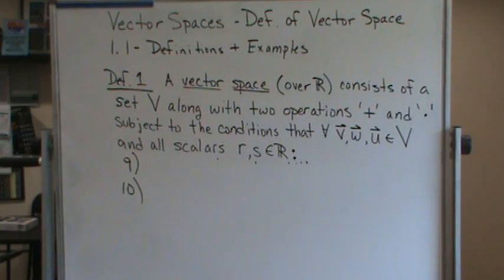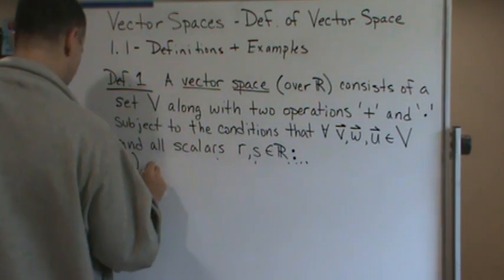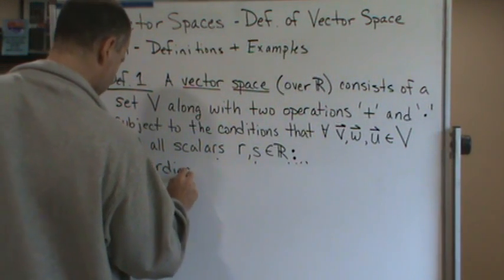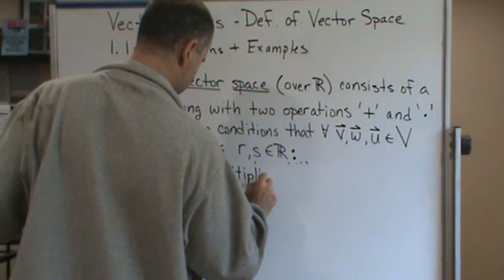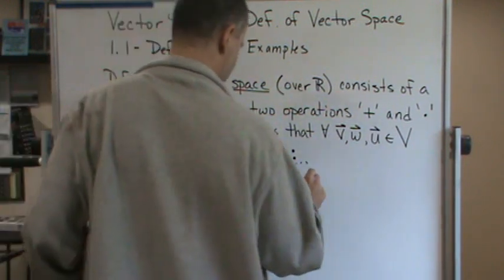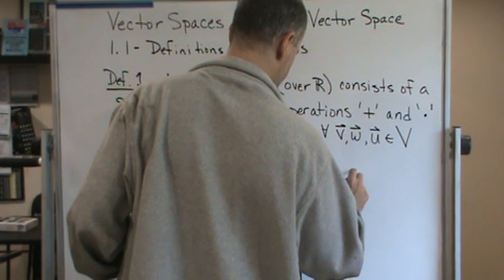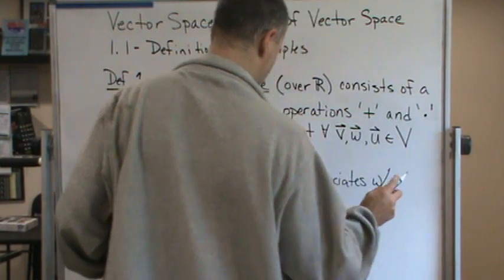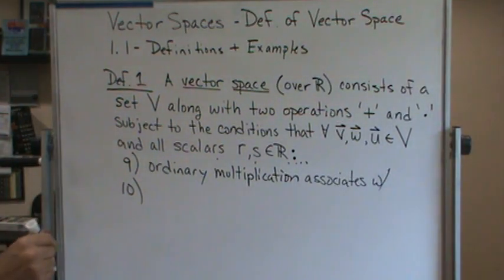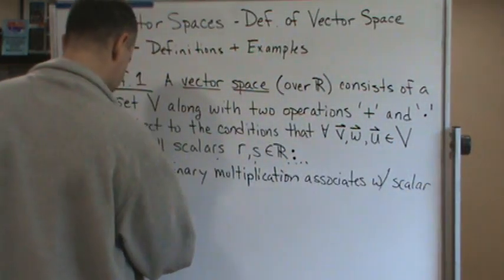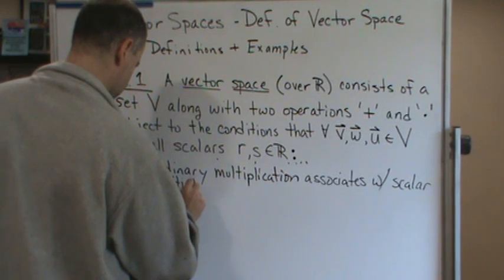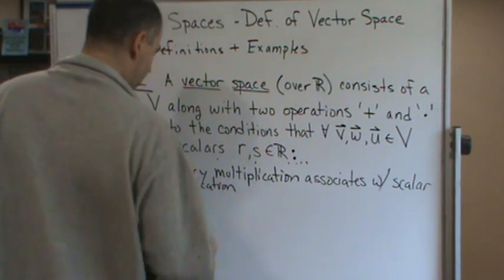Okay, so 9 says ordinary multiplication of scalars associates with scalar multiplication. So what does this mean?